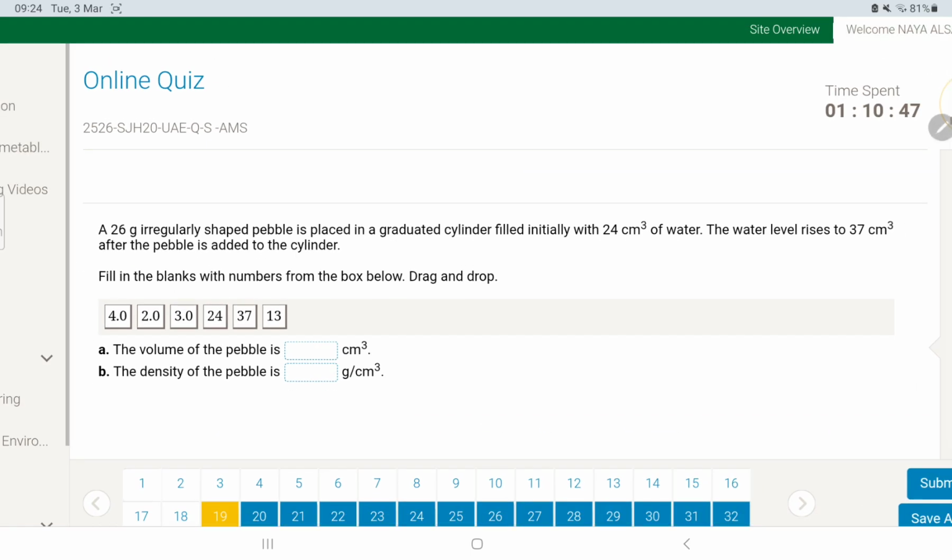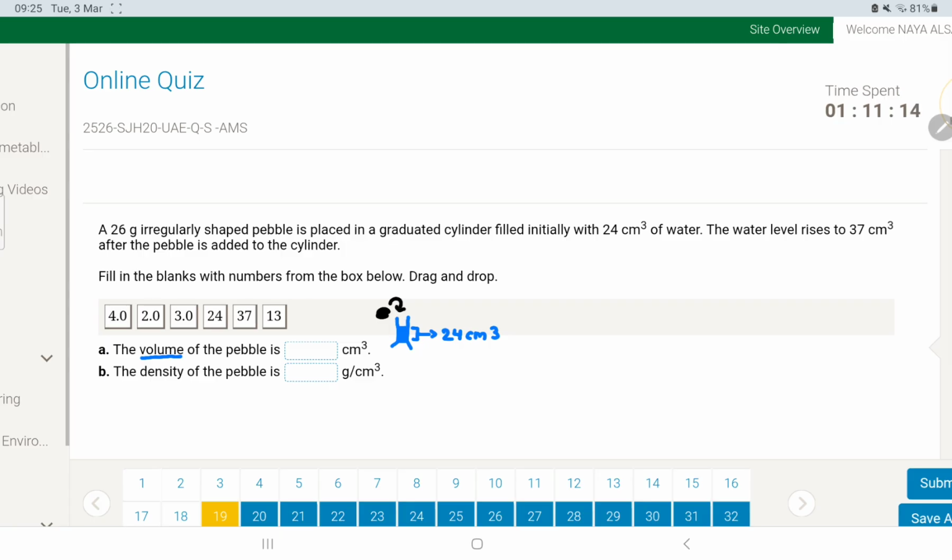Guys, to find the volume of something, we had a graduated cylinder. Let's say it was till here, and this is all 24 centimeters cubed. Now, you took the pebble. Here. And then you placed it in.